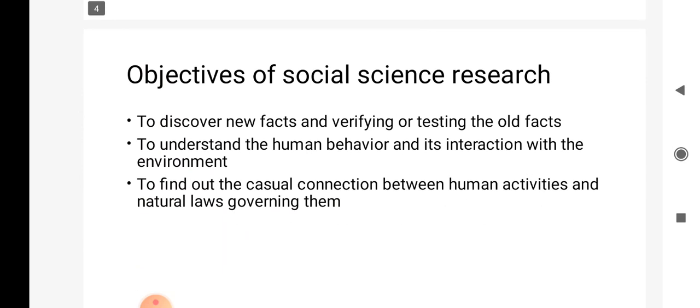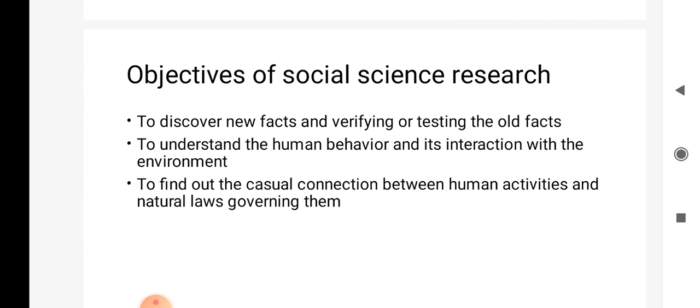So next we'll move on to the objectives of social science research. As we have already said, the main objective of social science research is to discover new facts and verify or test the old facts. For a particular phenomenon or social issue, we first have to study the old facts, how they were developed and what their effect was on a particular issue, whether it was efficient and effective.